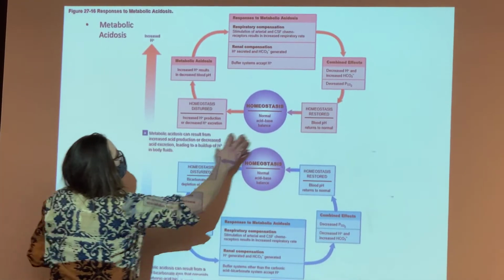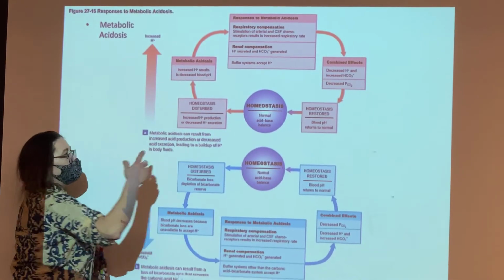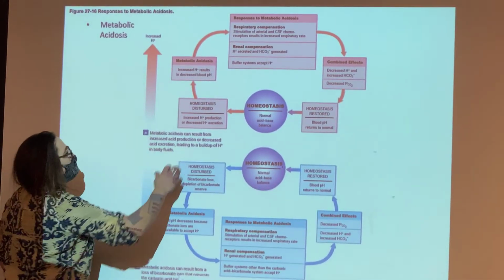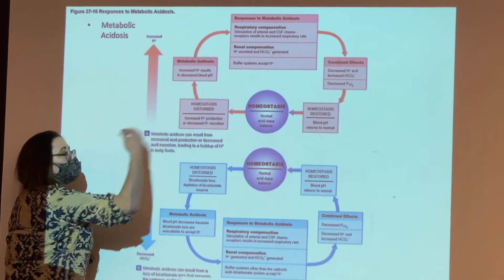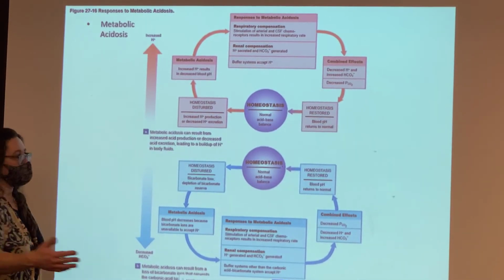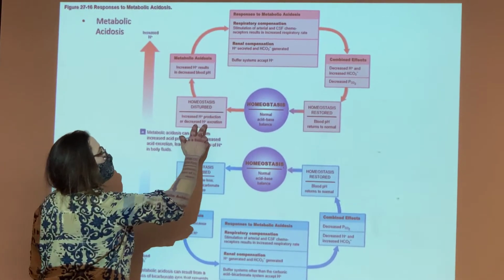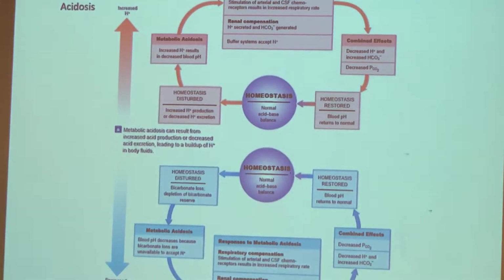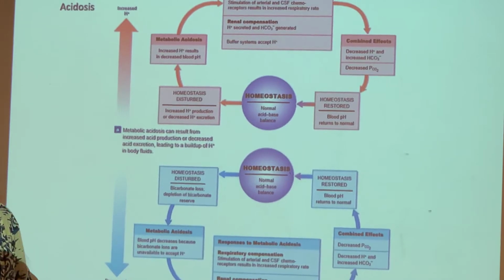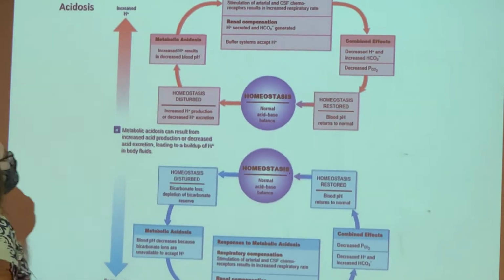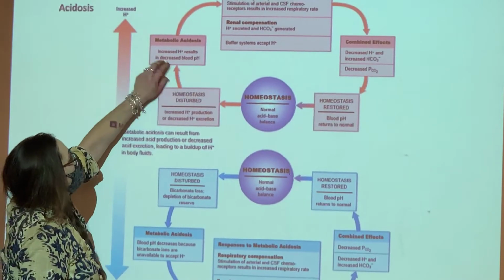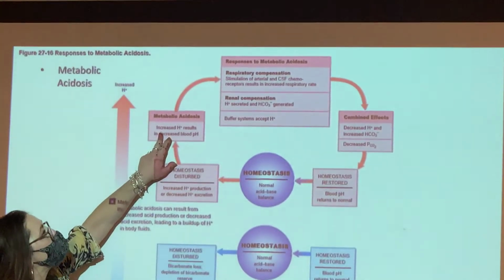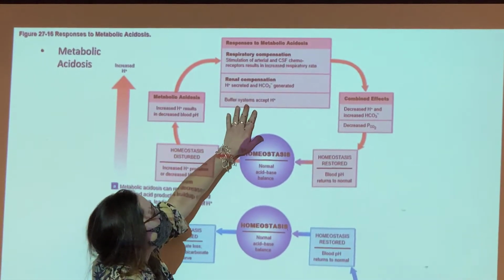So up here, we're in homeostasis, and then one of two things happens. Either at the kidneys, we can't get rid of enough hydrogen ions, and or we're producing too much lactic acid, ketones, or some other fixed or organic acid. All those hydrogen ions cause our pH to drop. So we're going to have buffering systems.